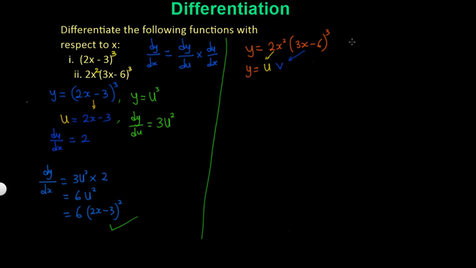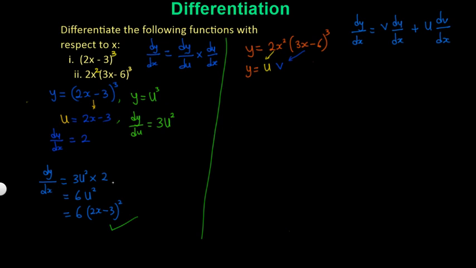And the product rule says dy/dx will be equal to v du/dx plus u dv/dx. So that is the rule for a function in this manner, being a product function.